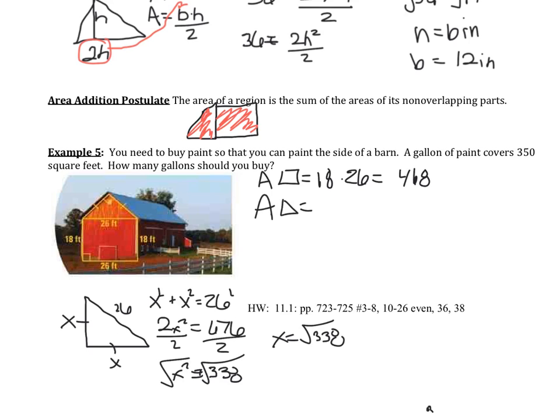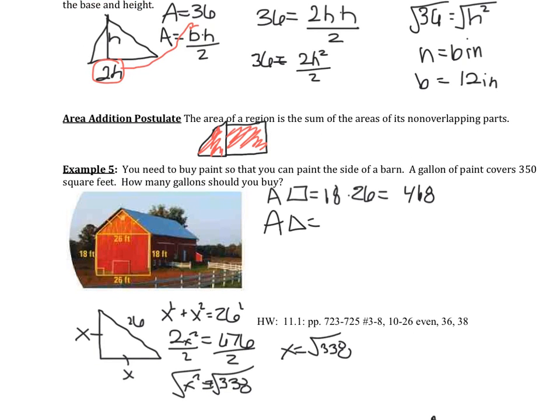My base and my height in this triangle, I found, were both x. So I've got the square root of 338 times the square root of 338, and you take that and divide by 2. And what I ended up getting after solving this is 169.